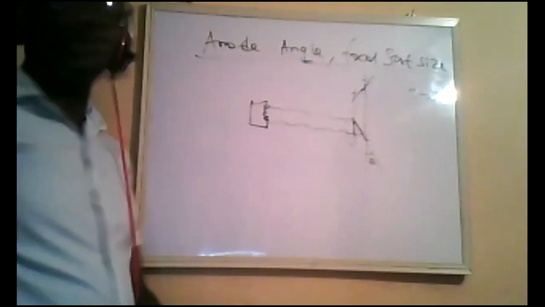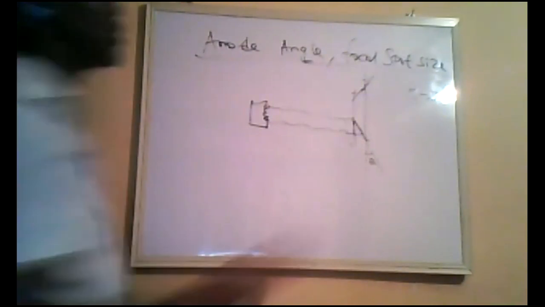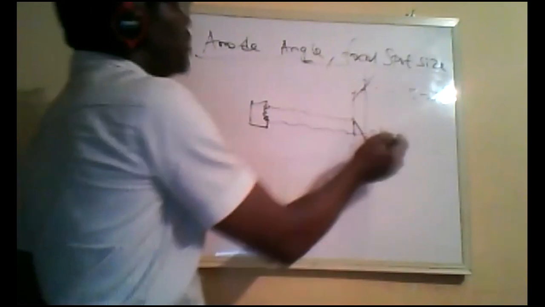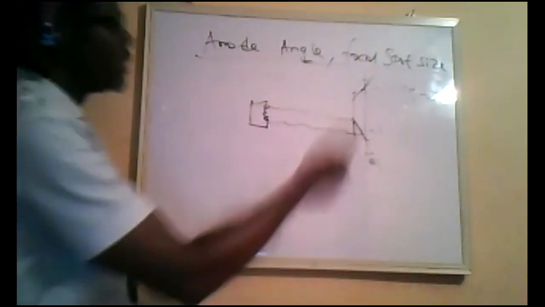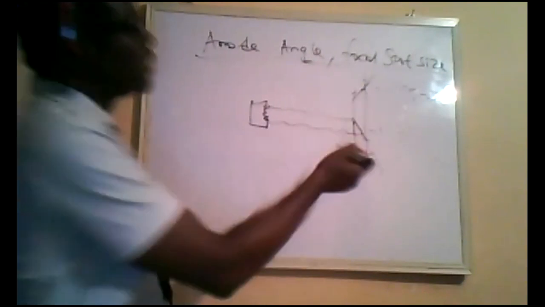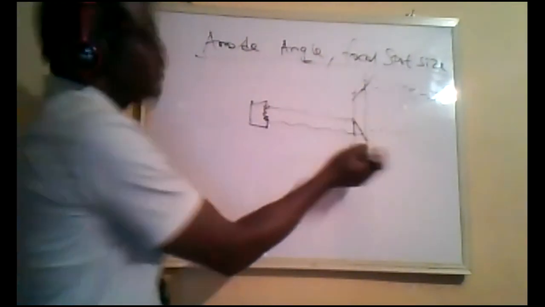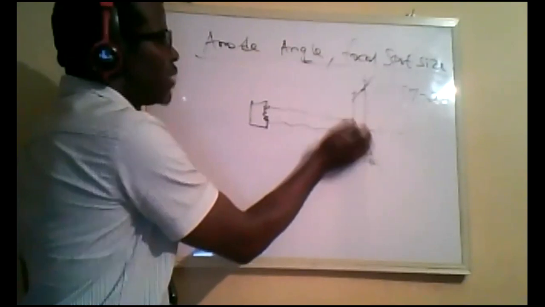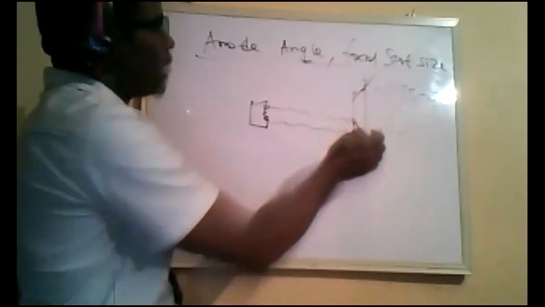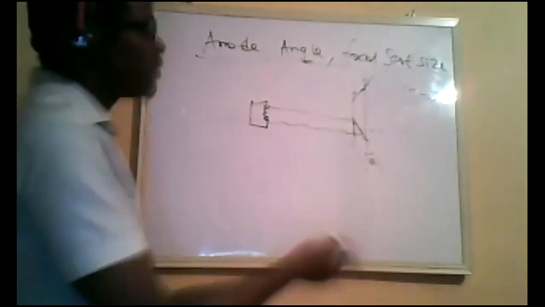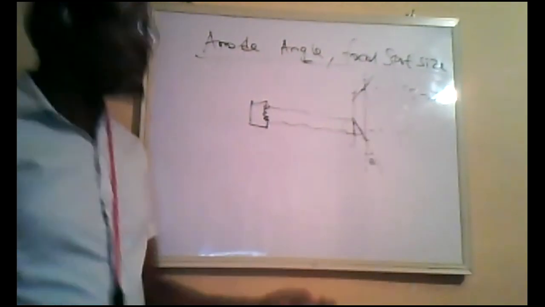Of course, we normally have this anode connected to a copper plate that is immersed in an oil bath for better heat dissipation. But this is the major reason why we bevel it, because it offers a greater surface area for the electrons, and as such, you're going to have better heat distribution.